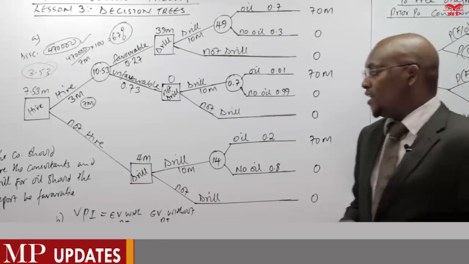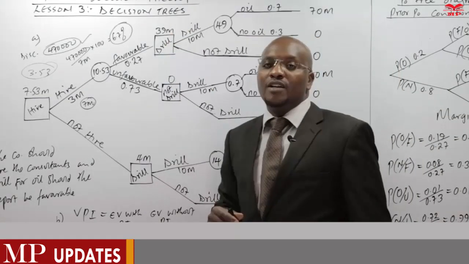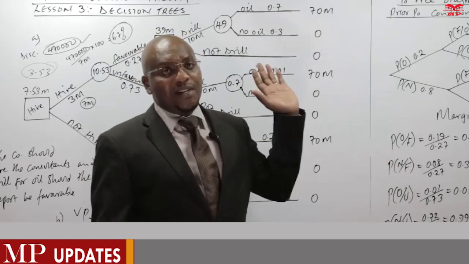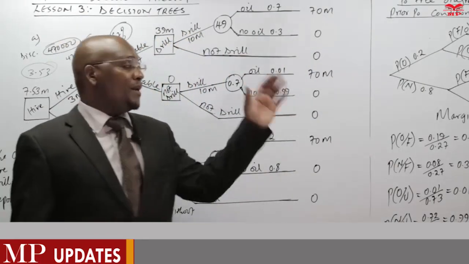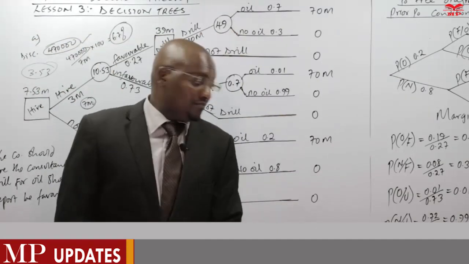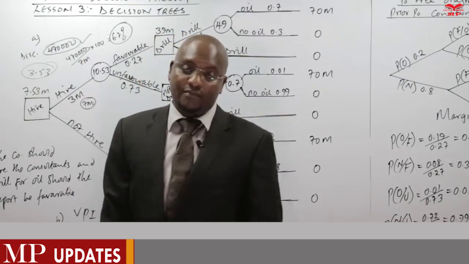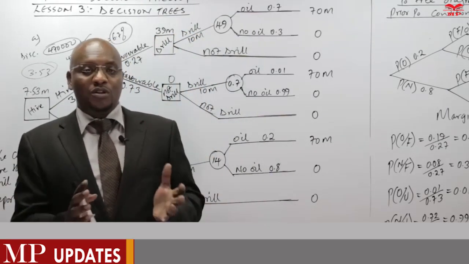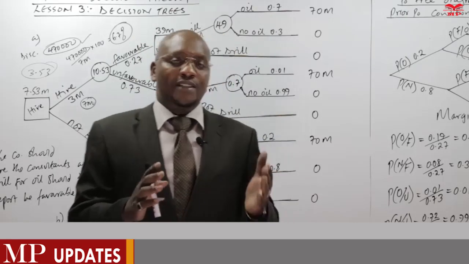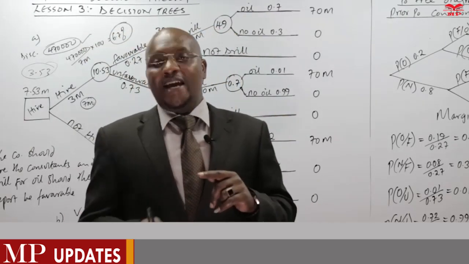So that's all about decision trees, about the revision of probabilities using the Bayes theorem and the probability tree diagram, and that is all about lesson 3. And that has brought us to the end of decision making under both uncertainty and risk.